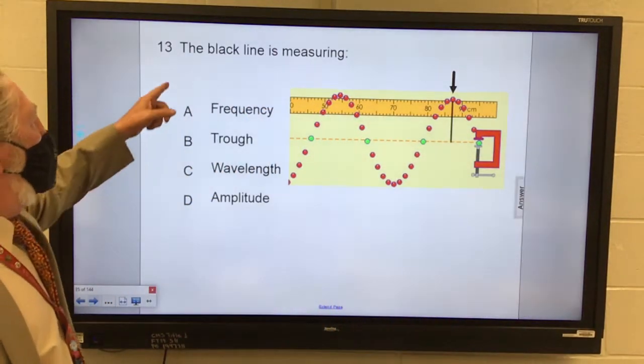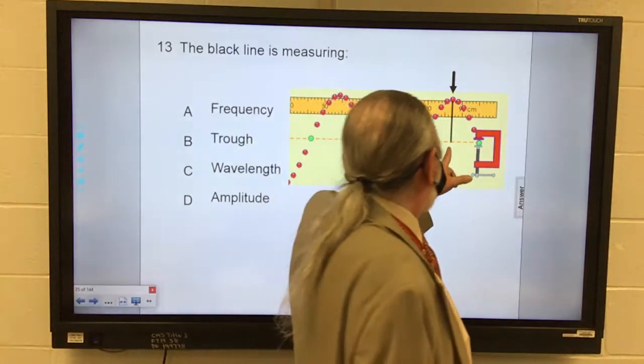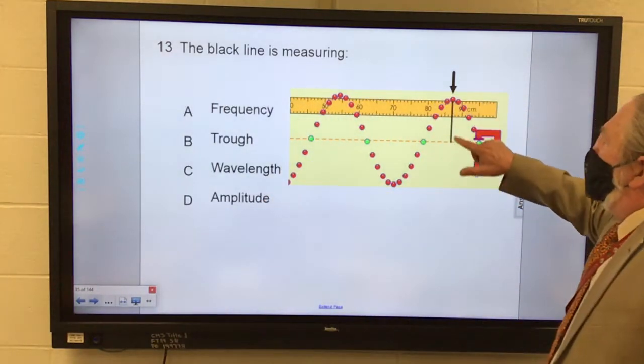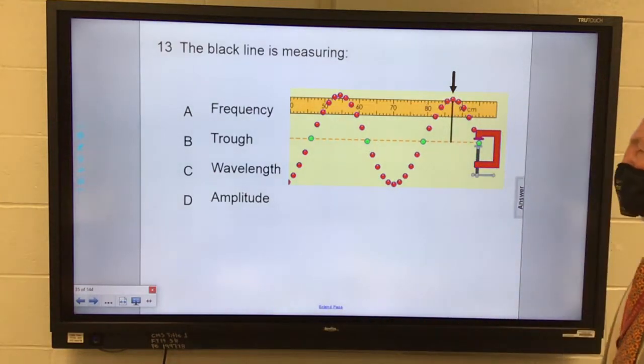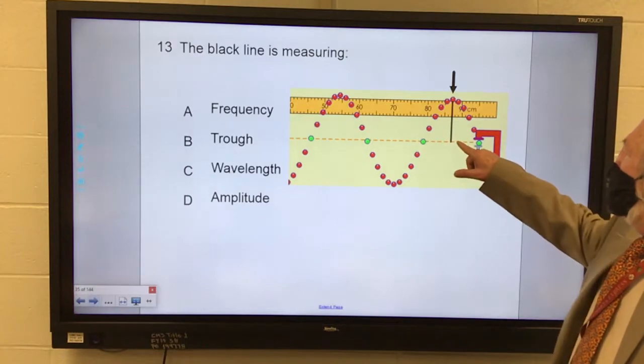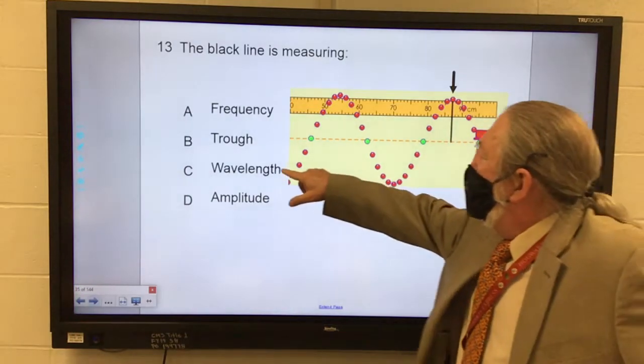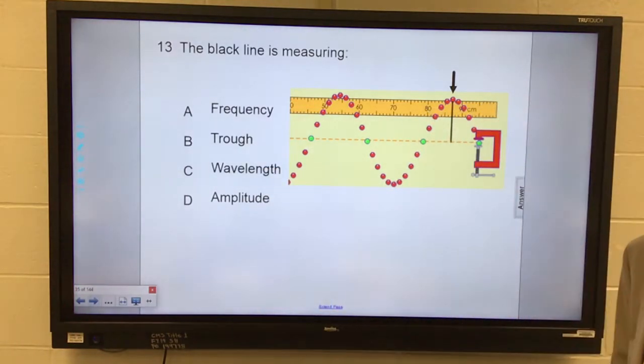Okay, so let's look right here. What's this black line measuring? What is this measuring from here to here? Is this measuring the wavelength or the amplitude? C or D, that's your only choice.